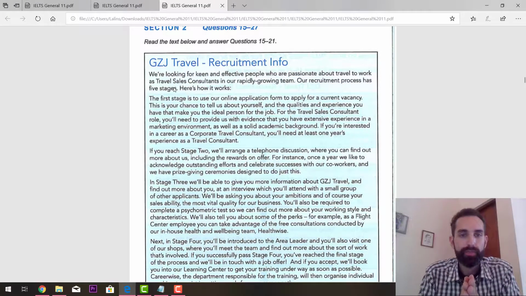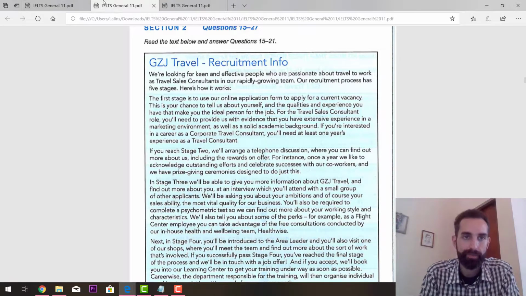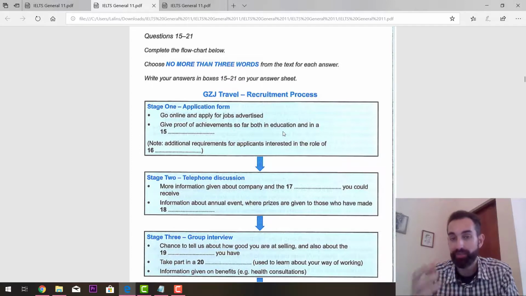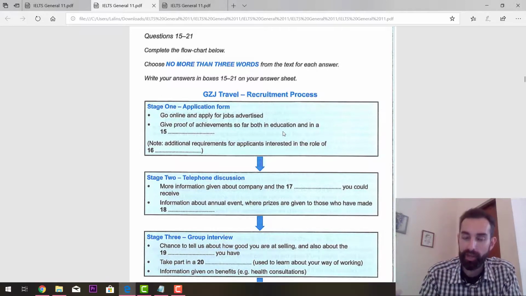So that's fairly simple. They tell you here you need to provide us with evidence that you have extensive experience in a marketing environment as well as a solid academic background. They basically laid that out here, asking for education, and the other thing they mentioned, obviously, marketing background.